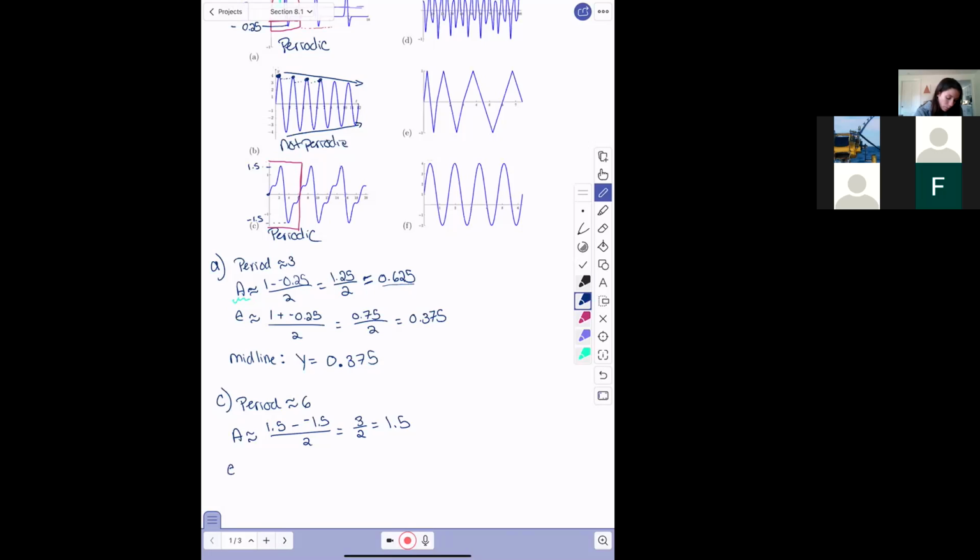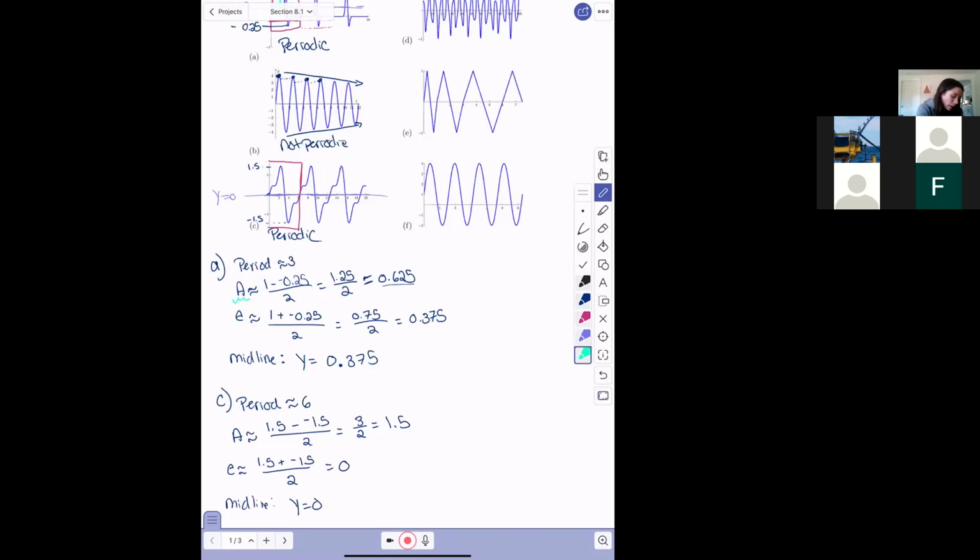And then our equilibrium is about equal to our max, which is 1.5, plus our min, which is negative 1.5, all over 2. 1.5 plus negative 1.5 is equal to 0. So our equilibrium line, or our midline, is y equals 0. So our midline is here. y equals 0 is our midline.